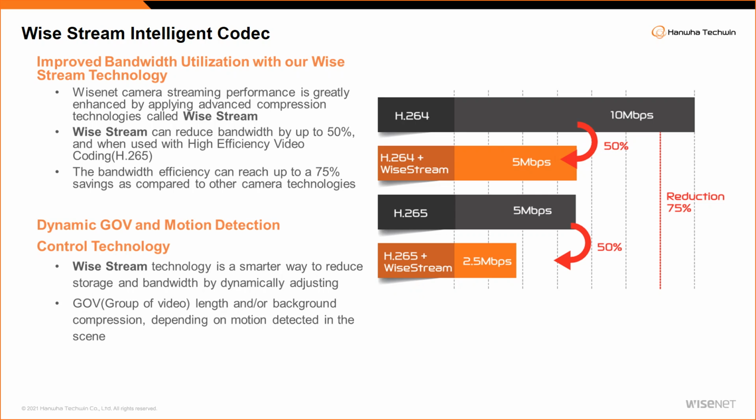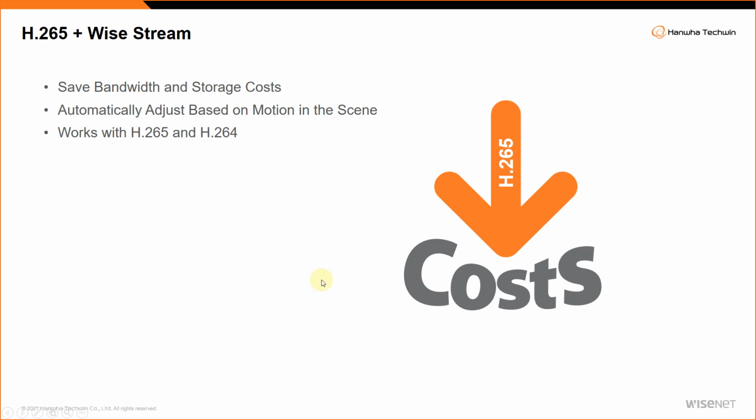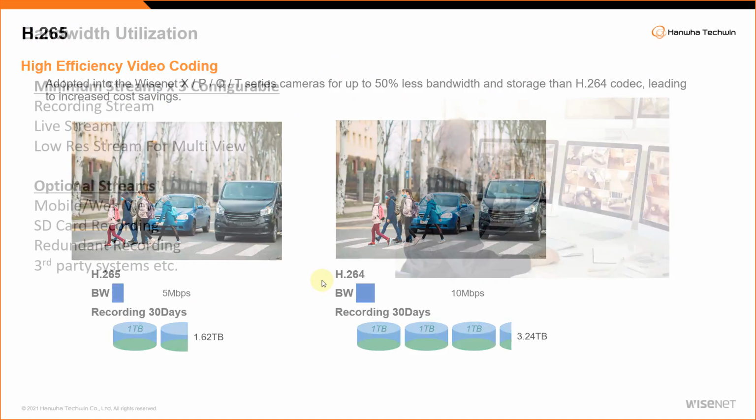All right, what is the technique? One of them is wherever the scene is idle, you inject less bandwidth. Then another technique, iframe, right? Every 30 frames, you need one reference frame.